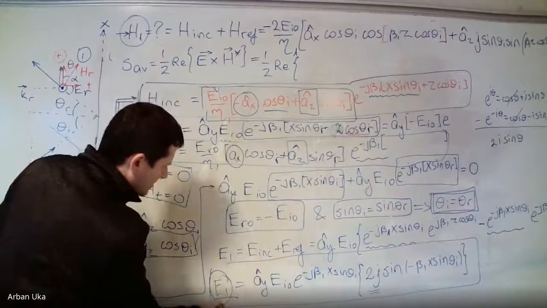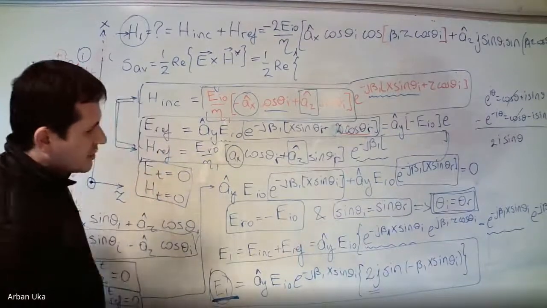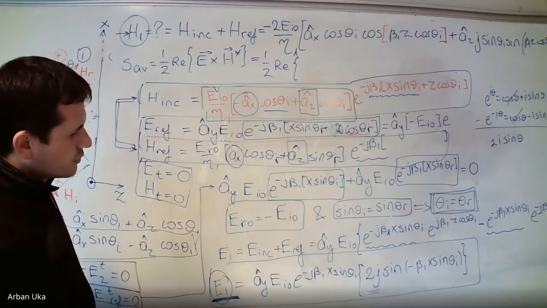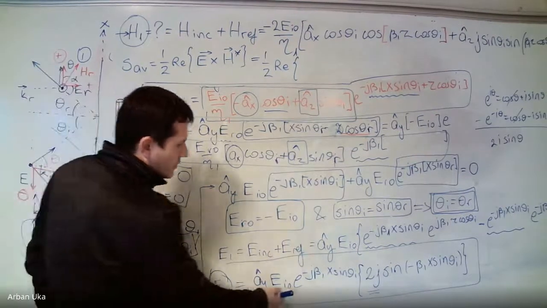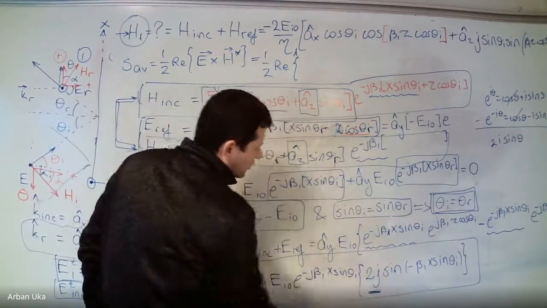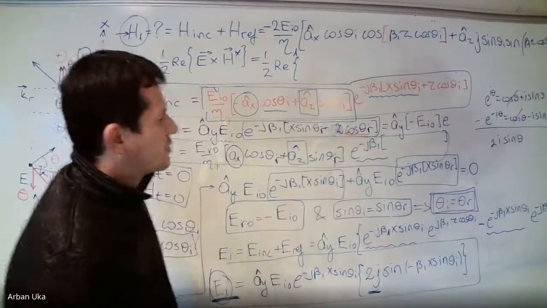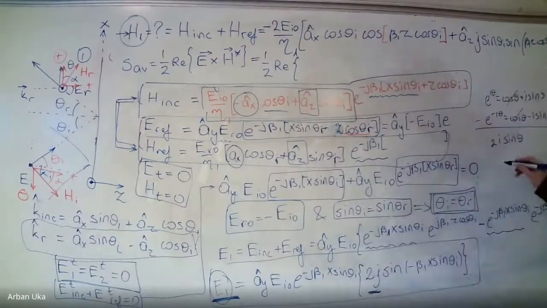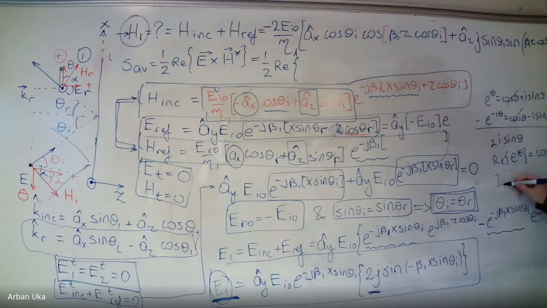E1 is this, and the real part of this one is equal to 0, because all of the terms are multiplied by the square root of -1, which is j. So we are in principle asking: what is the real part of e to the power j theta? This is simply equal to cosine theta, and the imaginary part of e to the power j theta is simply equal to sine theta.